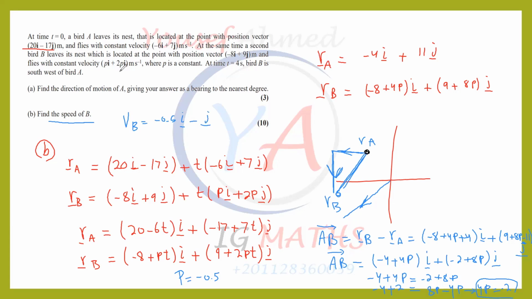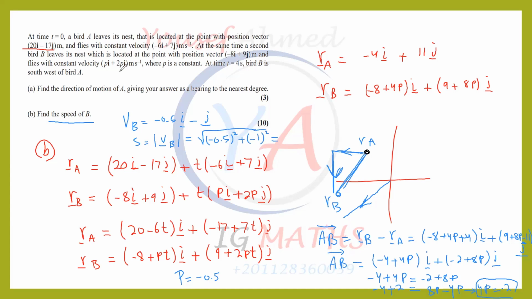If you want to get the speed, it will be the magnitude of the velocity of B. So it will be the square root of negative 0.5 squared added to negative 1 squared, and all of this below the root.